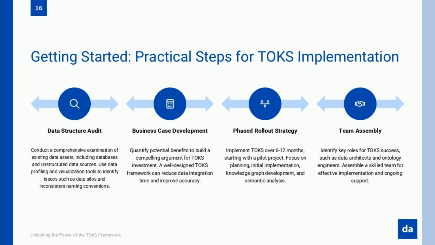The first step in implementing TOKS is conducting a comprehensive data structure audit. This involves systematically examining your existing data assets, including databases, data warehouses, and unstructured data sources. Use data profiling tools to automatically scan large data sets, identifying patterns, anomalies, and potential quality issues.